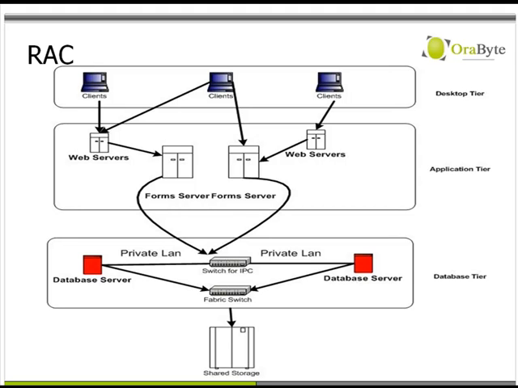Each of these machines is running the database instance, and all the data files are stored in a shared storage. So it doesn't matter if you are connecting from database machine 1 or database machine 2, you will get the same data set.